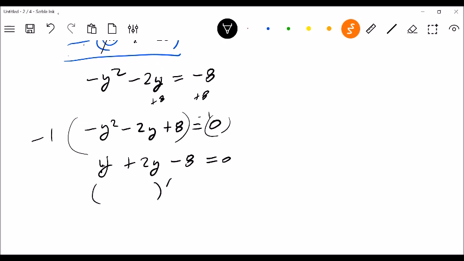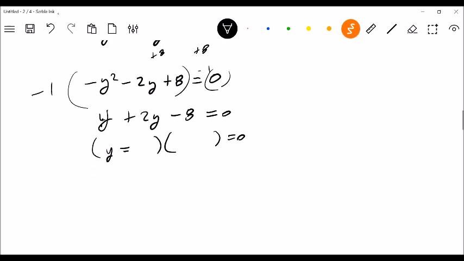This one now we can factor. So we have y is equal to, it's y minus a 4 and y plus a 2. Those will multiply to the negative 8 and add to the positive 2. Wait a second. Good thing I looked again, because this is a negative and positive.